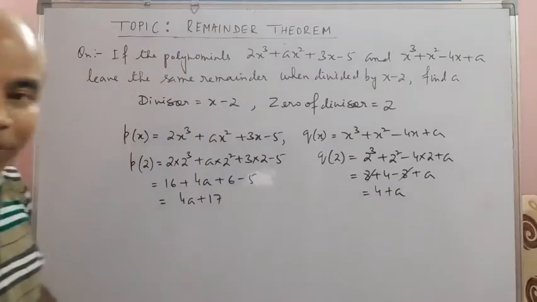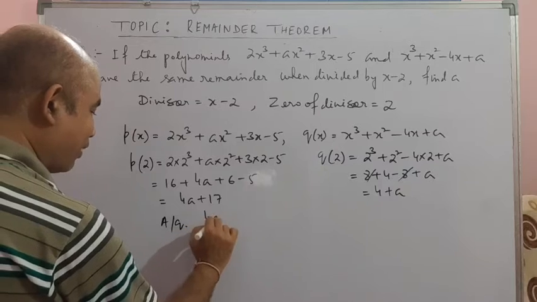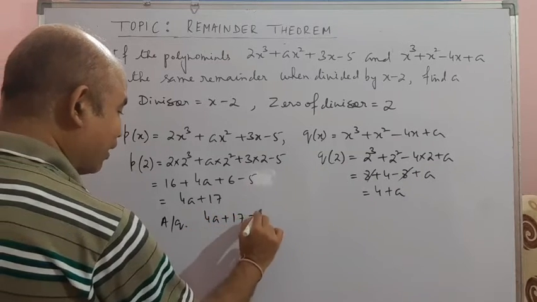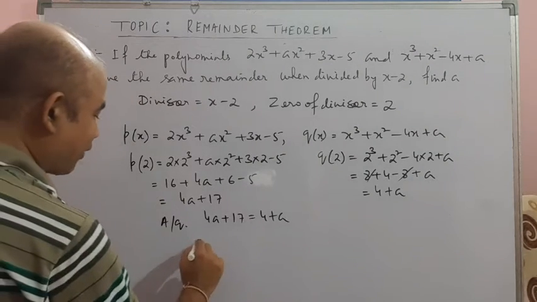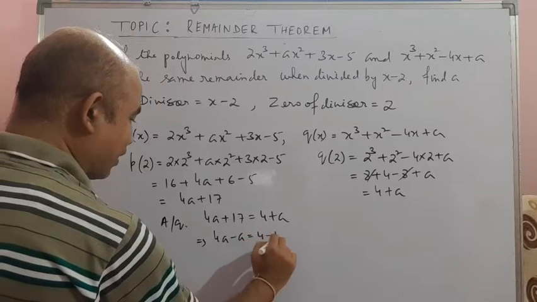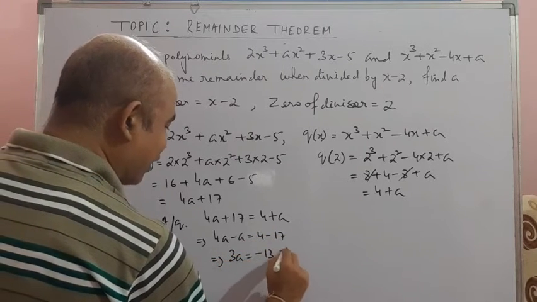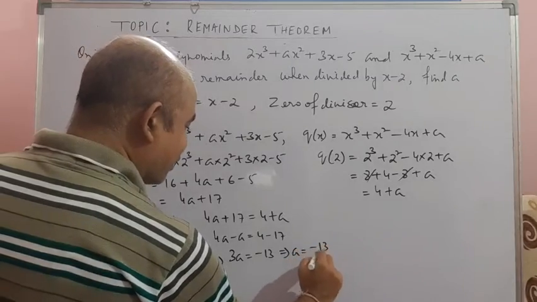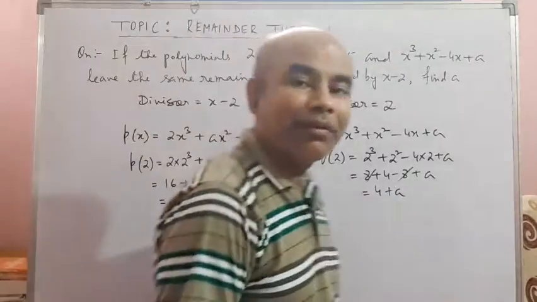According to the question they leave the same remainder, so 4a plus 17 equals 4 plus a. From this you find a: take a to this side and 17 to this side, so 3a is minus 13, and a is minus 13 by 3. So this is the value of a.